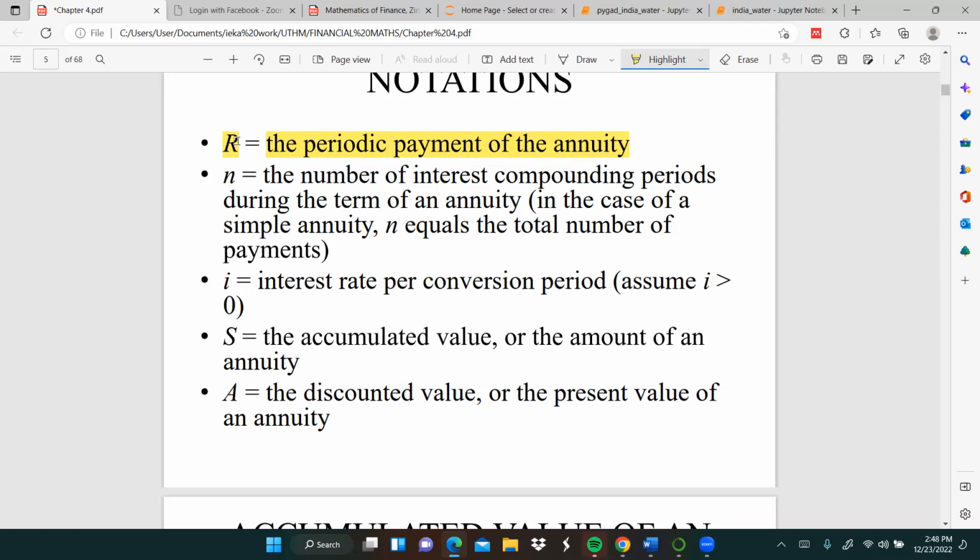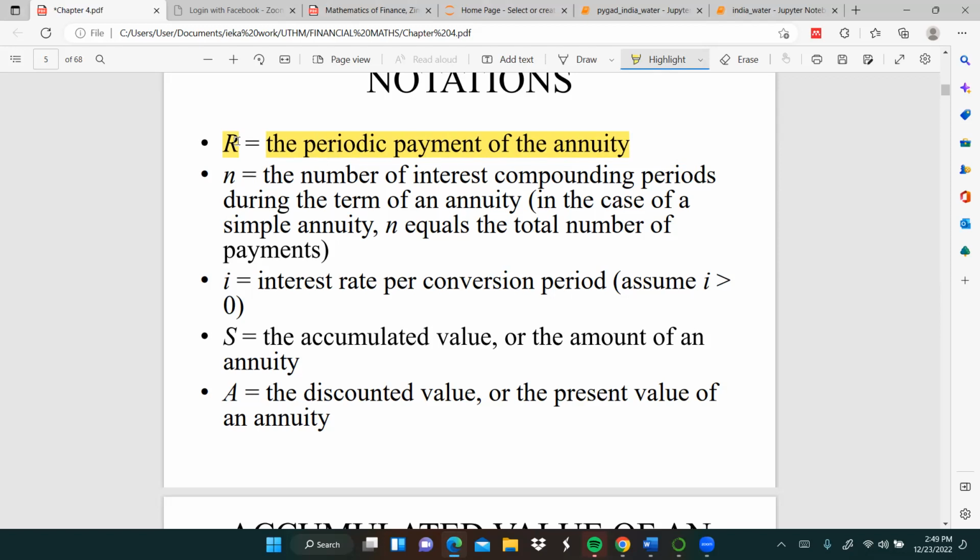And then we have N, the number of interest compounding periods during the term of an annuity. Okay, in the case of a simple annuity, N equals the total number of payments. So N dalam tajuk-tajuk yang sebelum ni juga adalah number of payments. Same with this topic, N also equals the total number of payments.